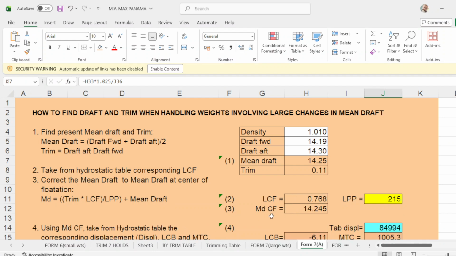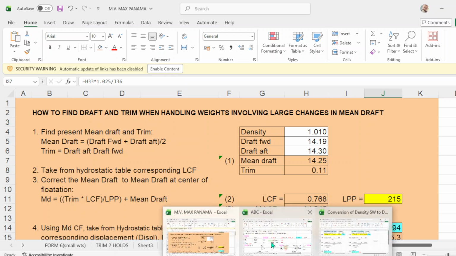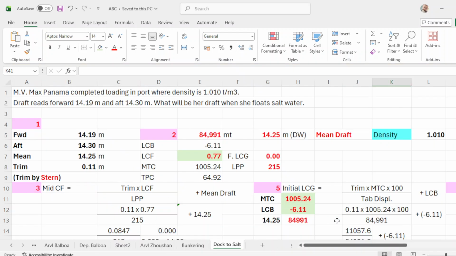Number 3, the center of flotation. Number 3 is to correct the mean draft to the mean draft at the center of flotation. So mid draft is trim times LCF over LPP plus mean draft. This number 3 will be 14.245, okay, it's almost the same here. In the manual solution, number 3 is to find the mid draft at the center of flotation.